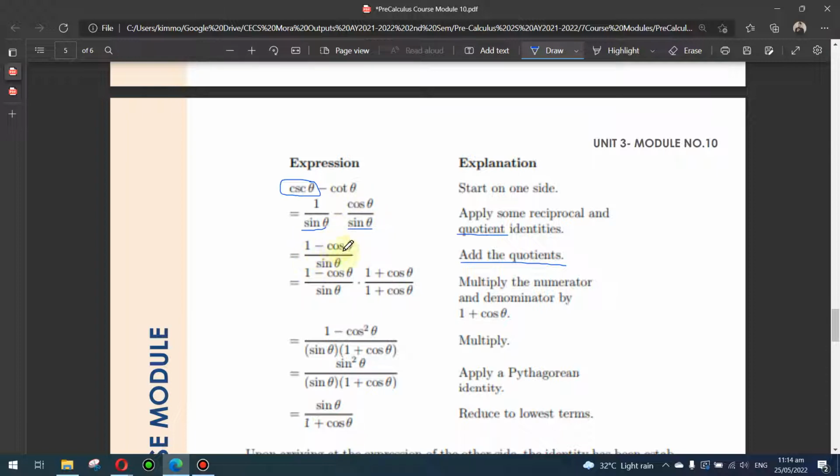So, we have this. Next, we multiply the numerator and the denominator by 1 plus cosine theta.